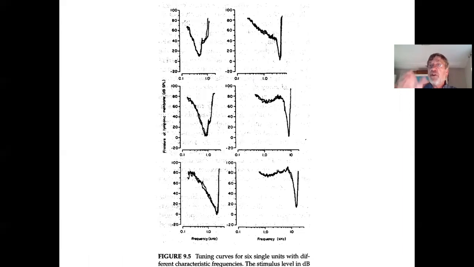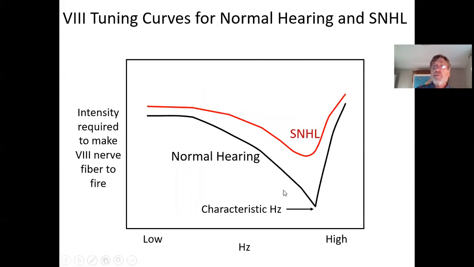So it has a favorite firing frequency. You can say that that one fiber is tuned to this frequency, and this fiber is tuned to this frequency, and this one, and this one. Lower frequency, higher frequency, and so on and so on.